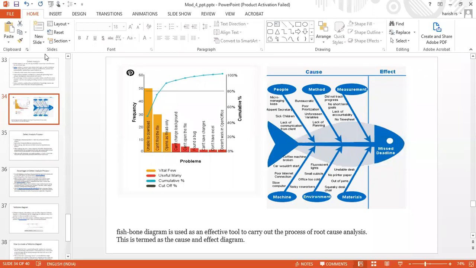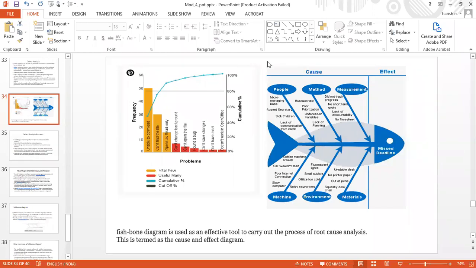The technique we are going to follow for finding the cause of a problem is called the fishbone technique. In yesterday's class, we saw that the fishbone technique is also called the cause and effect diagram. Why is it called that? Because by defining the effect, which is the problem, we backtrack to find the cause of the problem.